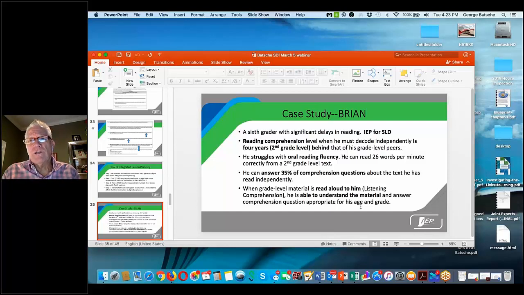So when we are going to use technology like text-to-speech, other forms of computer-assisted instruction, we have to teach kids how to use it. We have to teach kids how to comprehend from listening. It's a different skill than comprehending from reading text.